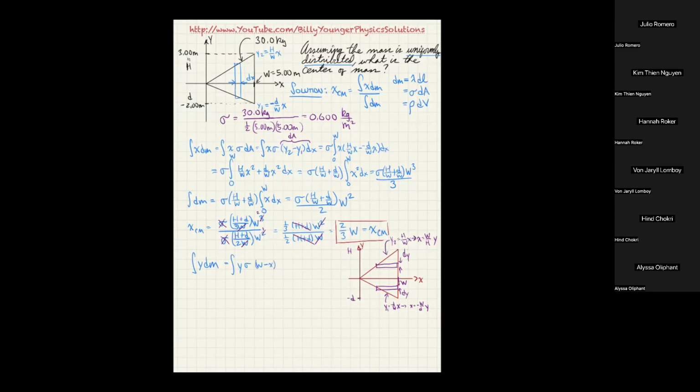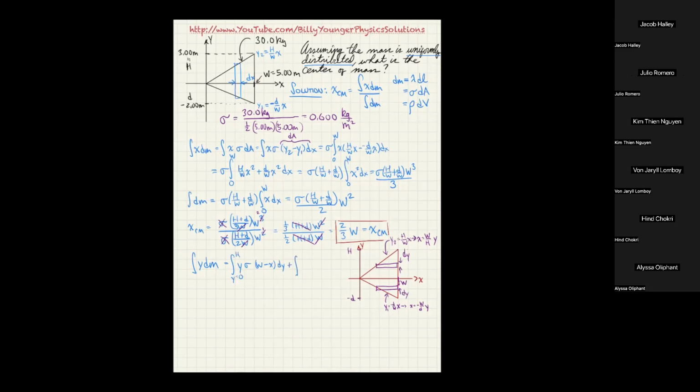And this w minus x is the width of that triangle, times dy. And I'm going to integrate that from y equals 0 to h. But that's just going to get me the top half.